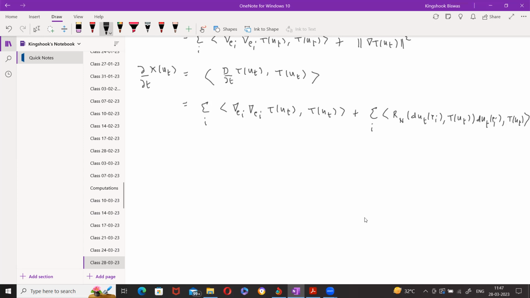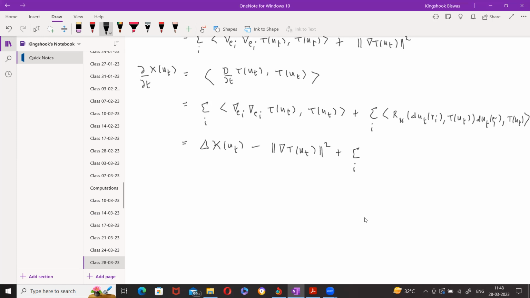Okay. Now this first term here appears in the Laplacian of kappa u_t. So this first term here is the Laplacian of kappa u_t minus the norm squared of grad tau u_t, right? Okay, plus I have these curvature terms.